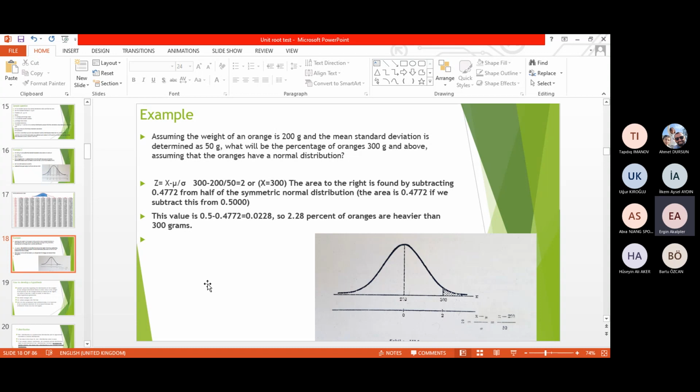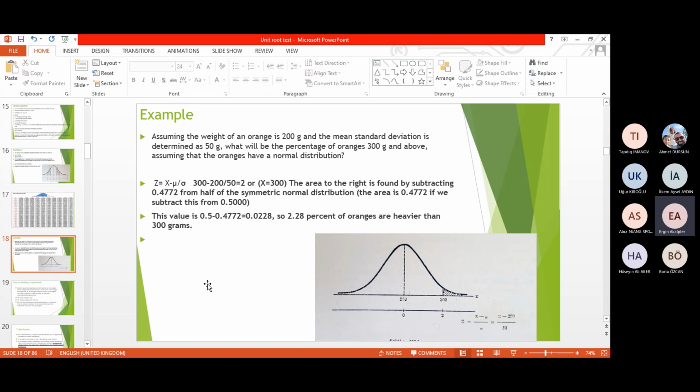The area to the right is found by subtracting from the midpoint, so-called in the graphic, this 0.5. Then this will give you 0.4772. From half of the symmetric normal distribution, the area is 0.4772. We subtract this from the 0.5, as I said to you, from the mid. This value is subtracted again from the total, which is 0.5, for getting the amount of this distribution.